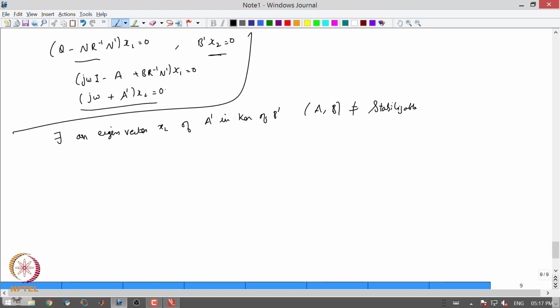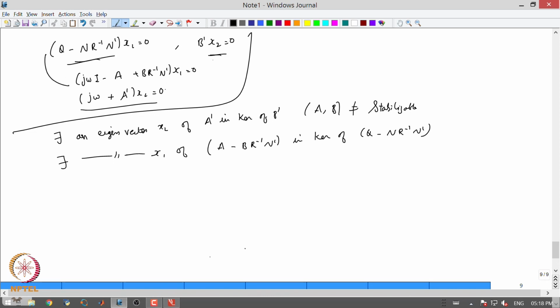Okay. Moreover, there is an eigenvector x1 of Q minus N R inverse N prime, and an eigenvector of A minus B R inverse N prime in the kernel of this Q minus N R inverse N prime, from these two expressions.